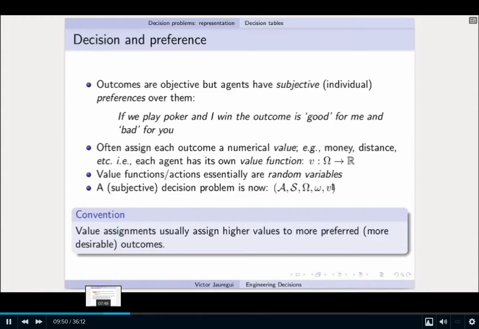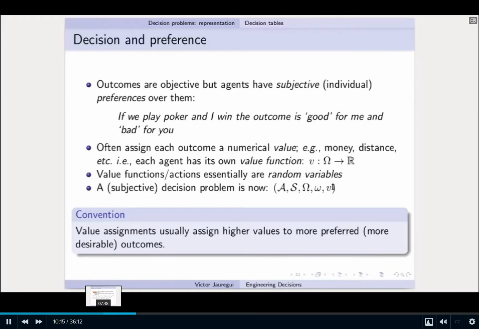Now we are going to make the assumption, we're going to use the convention in most of our examples that higher values are more preferred. Now, in the examples we saw already, we saw an example where a lower value was preferred. The travel problem, where we wanted to get from A to B, we preferred outcomes that had a lower travelling value.